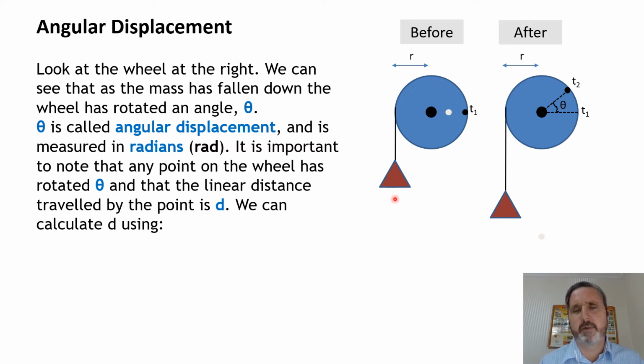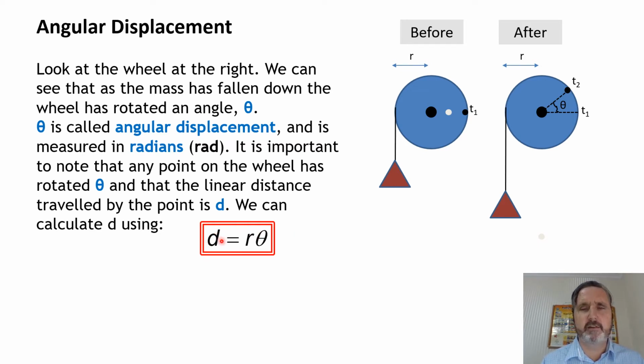We can calculate that the actual linear distance, the distance in translational motion, that this point on the circumference has moved, is equal to the radius times the angular displacement in radians.